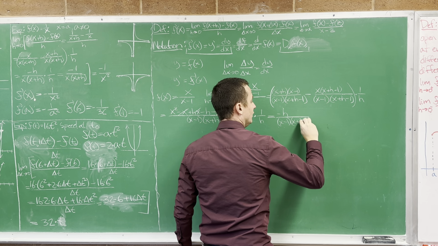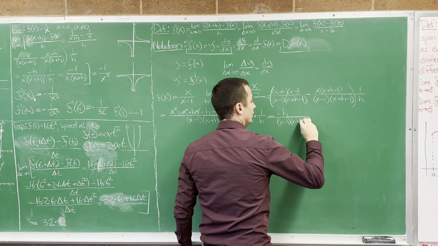So what's f of x? Square root of x. Minus f of z, which is just the square root of z, all over x minus z.